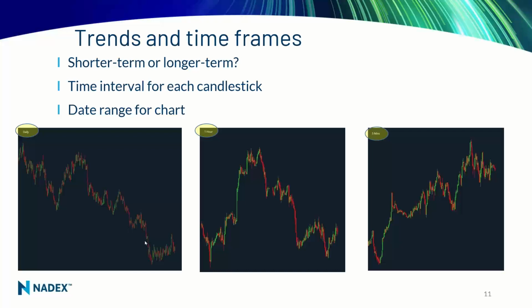It went up, it went down, it came back up. It's different. So looking at trends and what time frame you are using becomes critical when looking at charts and trying to do some analysis.